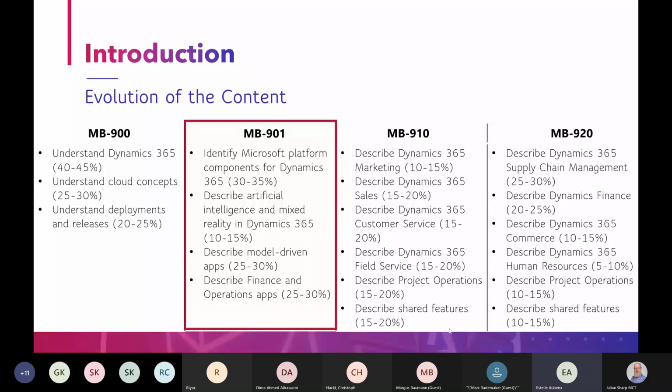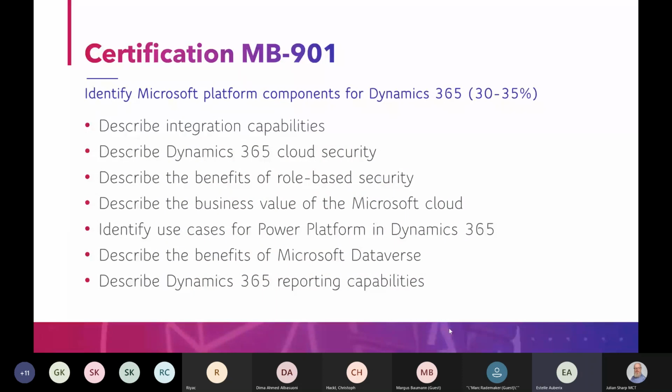For the certification MB-901, to identify the Microsoft platform complement for Dynamics, you will have to describe the integration capabilities with the cloud security. It's generally about Active Directory, or about how to manage the network.